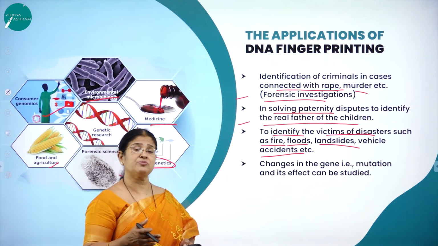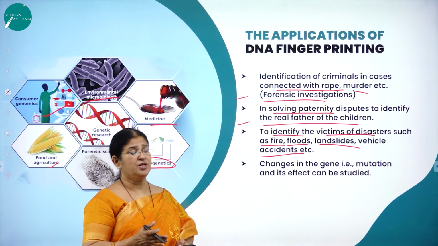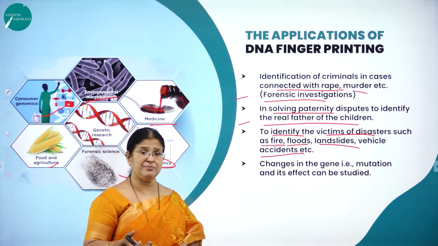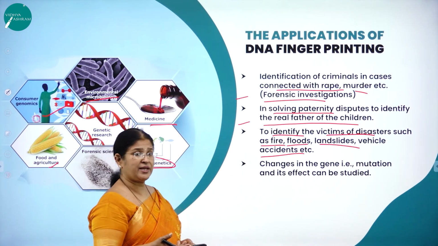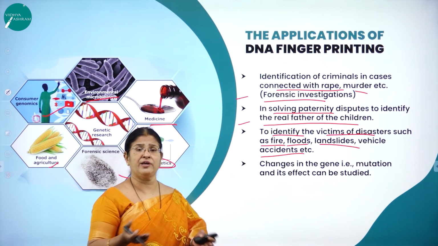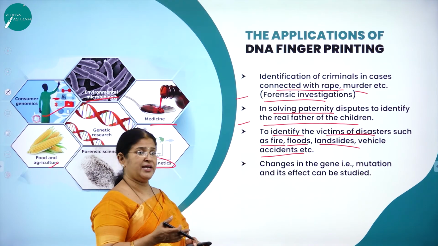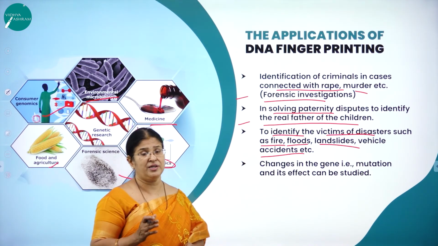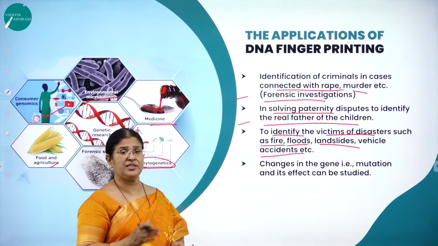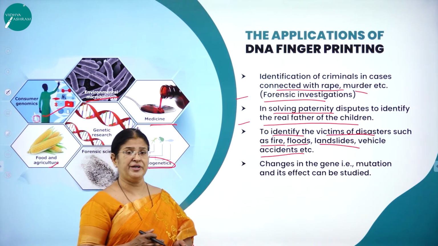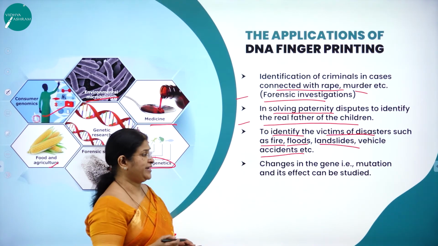In that case, it is very difficult to identify the person. Even in natural disasters like floods, the whole body will be decomposed, so it is very difficult to arrive at who that person is. In that case also, DNA fingerprinting will help to claim the identity.